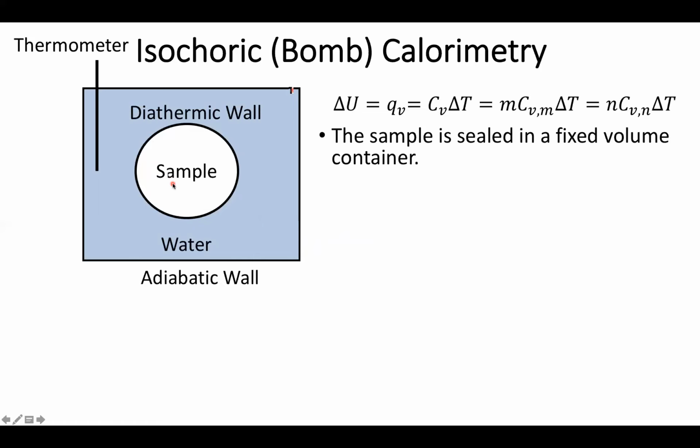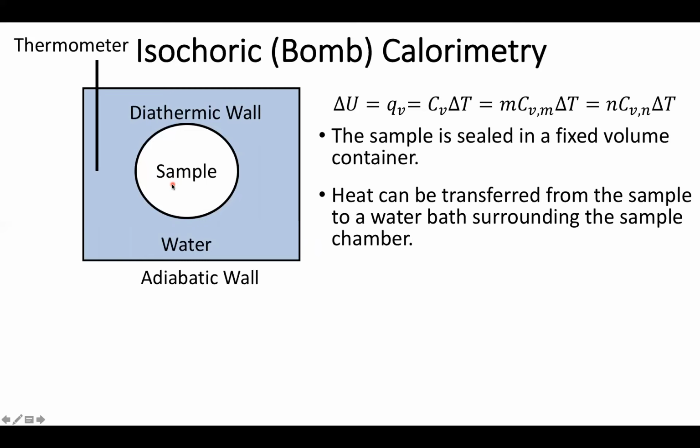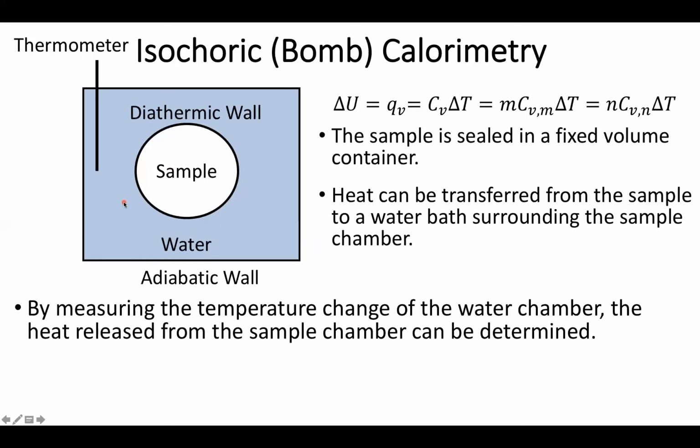Then we'll be measuring the heat transfer from our sample to the surroundings, which is typically a water bath. By measuring the temperature change of our water chamber, we can determine any additional heat that should have come from our sample chamber.